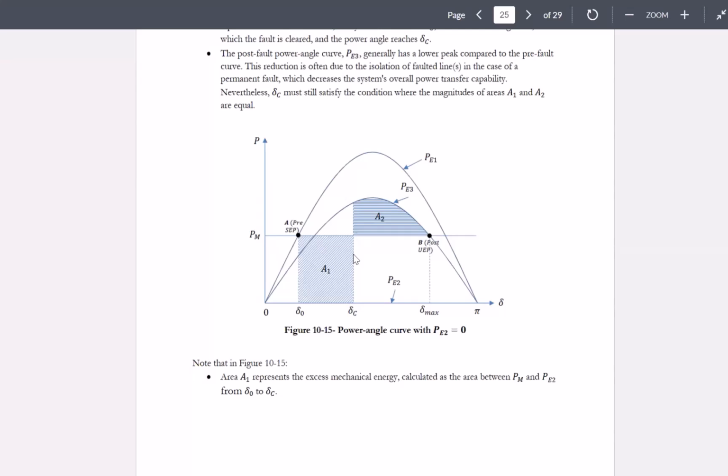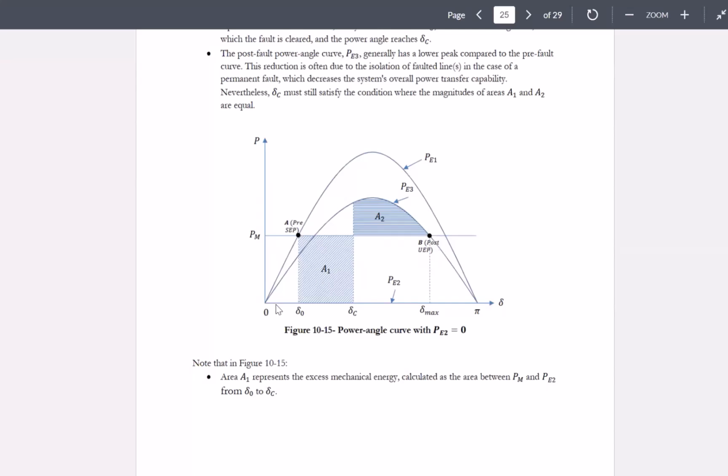Then you would go to another curve, which is A2, which is the deceleration curve. Now, as long as you can find A1 to be equal to A2, acceleration area the same as the deceleration area, you get a chance to stabilize the system. So area A1 is representing the excess mechanical energy calculated as the area between PM and PE2.